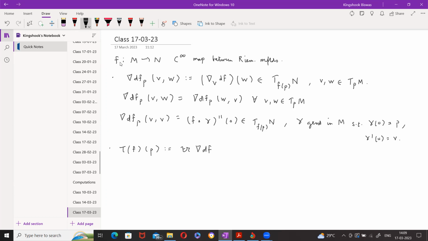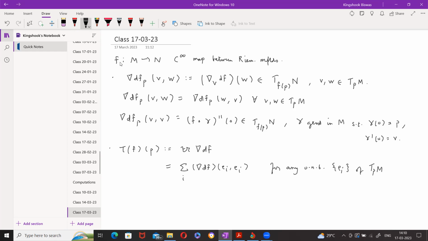For a vector valued symmetric bilinear map from an inner product space to a vector space, this was equal to the sum over i of nabla df(e_i, e_i) for any orthonormal basis e_i of TpM.